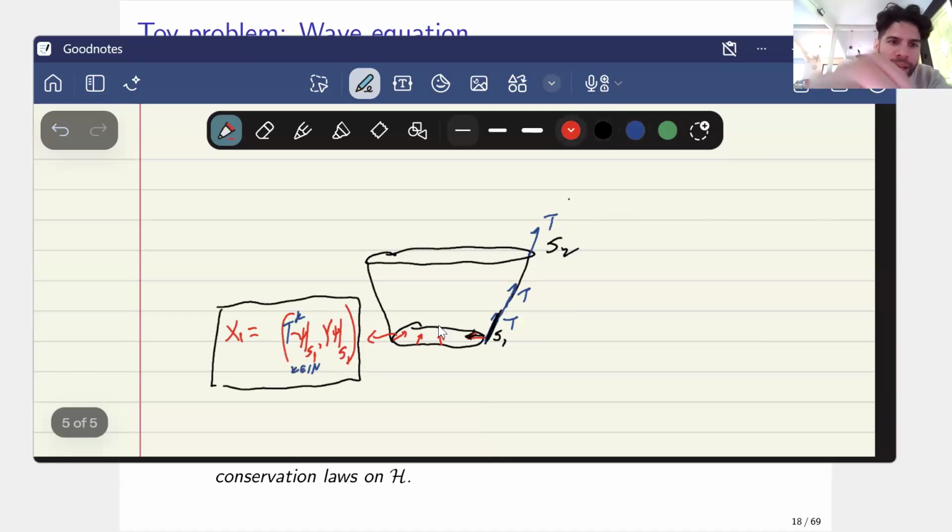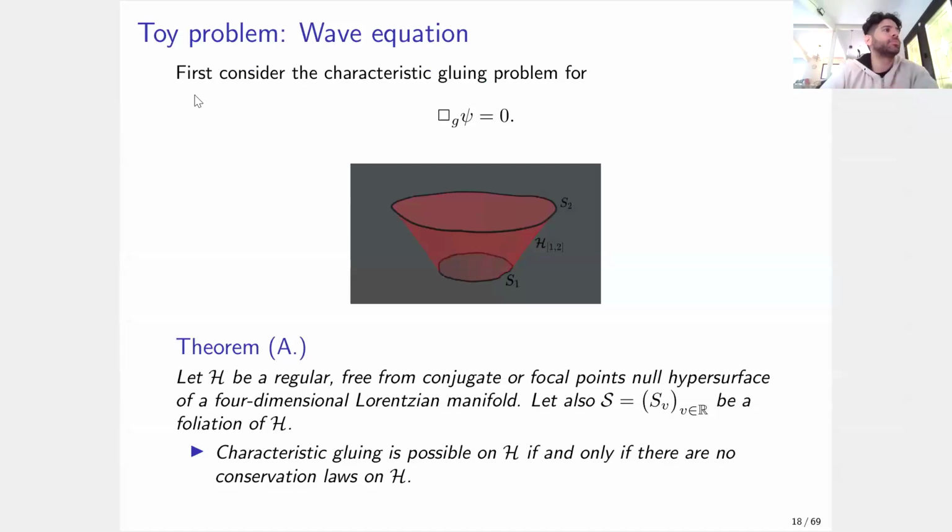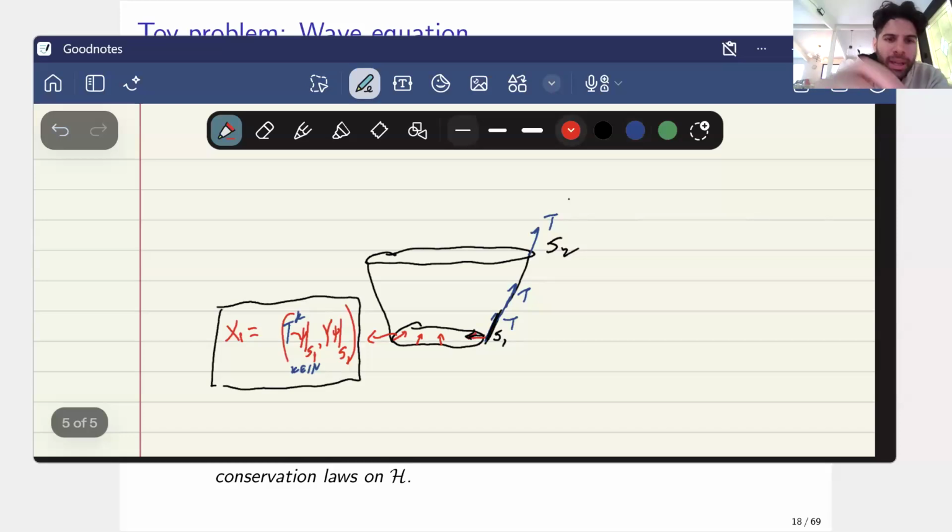And exactly the same thing we can define on S2. Okay, all the tangential directions at S2 and one transversal direction at S2. So these things could be given, okay? You know all these functions.